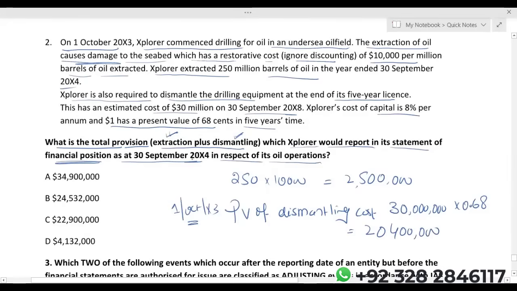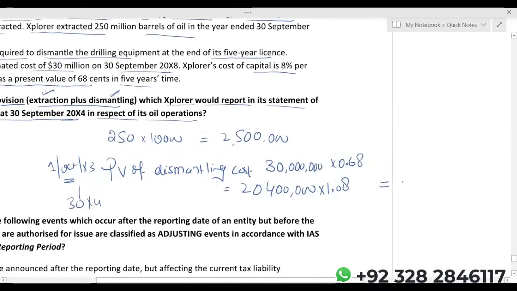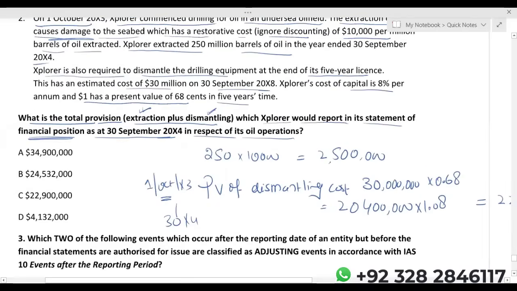Now till year end, 30th September X4, due to unwinding of discount, this will increase. Cost of capital is 8%. So the double entry of the present value of dismantling cost is property, plant and equipment debit, provision credit. But this provision will increase due to unwinding of discount, so multiply this with 1.08. I'm getting 22 million and 32,000, I believe. They're asking us the total provision, extraction plus dismantling.